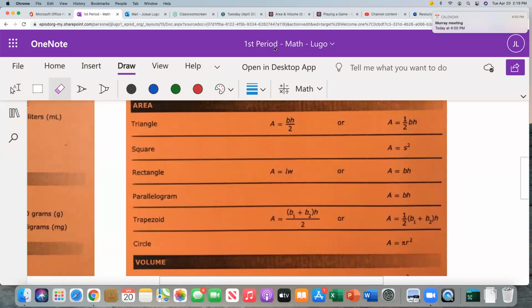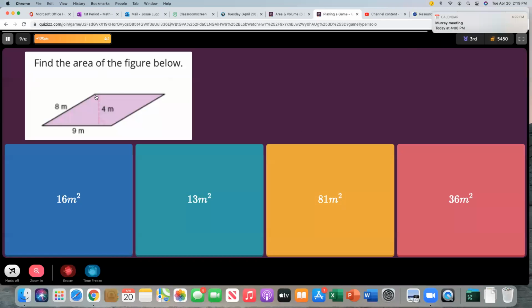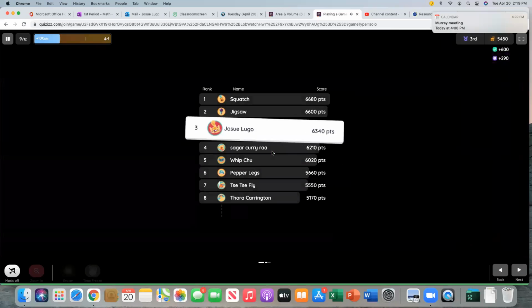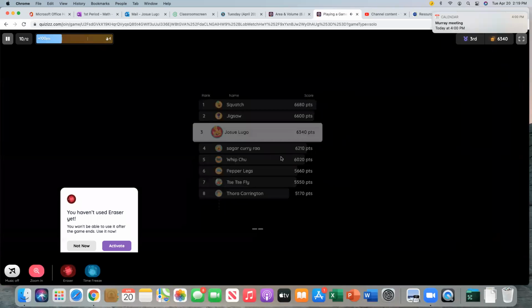Area of a parallelogram is simply base times height, as we see right here. So let's go back. So here's my shape. Base is 9, height is 4. So base 9 times 4 will give us 36. Very good.